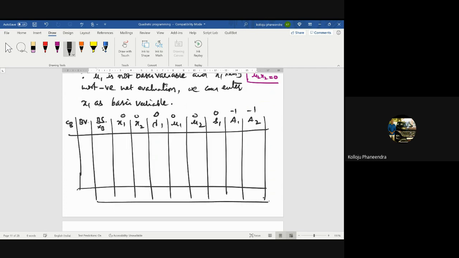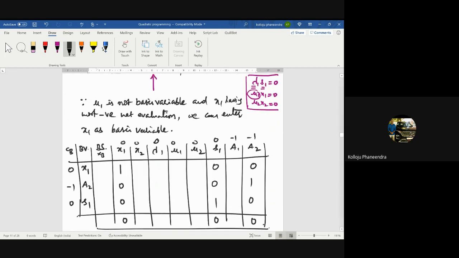Done. Now what are the basic variables? In place of a1, x1 is entering, a2 is as it is, s1 is as it is. Now x1 is the first basic variable having first identity column, a2 is the second basic variable having second identity column, s1 is the third basic variable having third identity column.